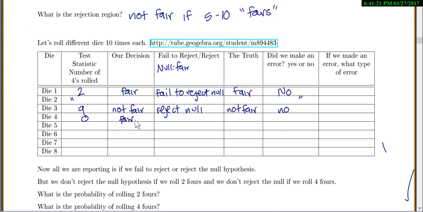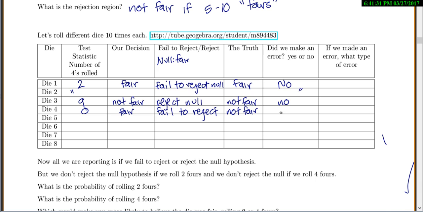So we thought it was fair, and we failed to reject. But in truth, the die is not fair. So we did make an error. Now you guys have to figure out which type of error. This is a type 2 error. So the null was false. It was not a fair die, but we thought that it was fair.